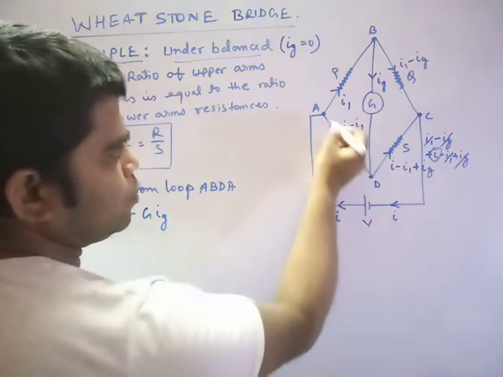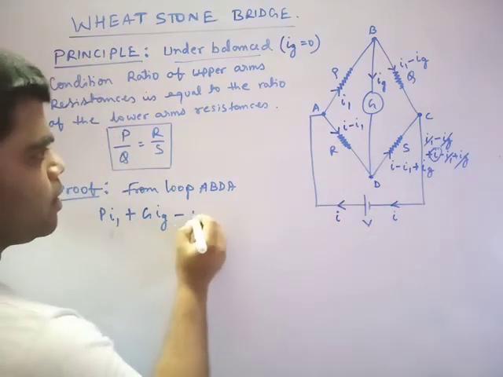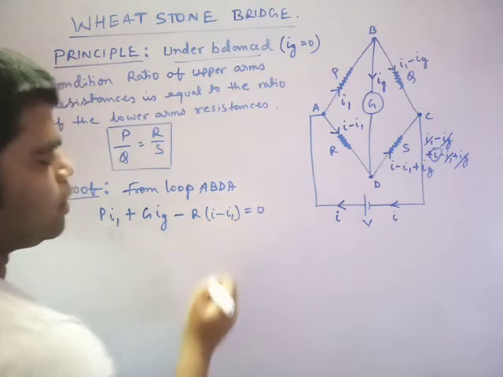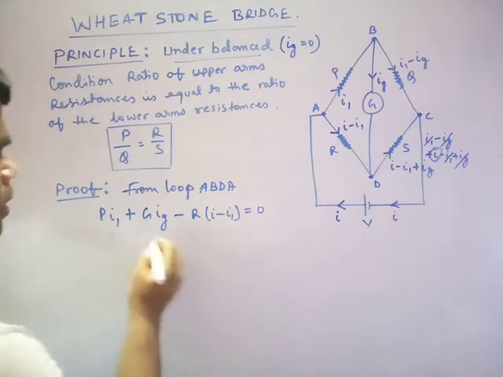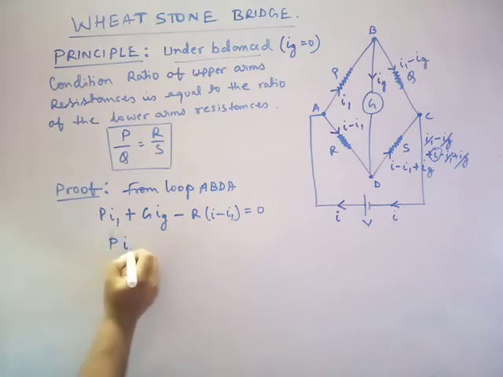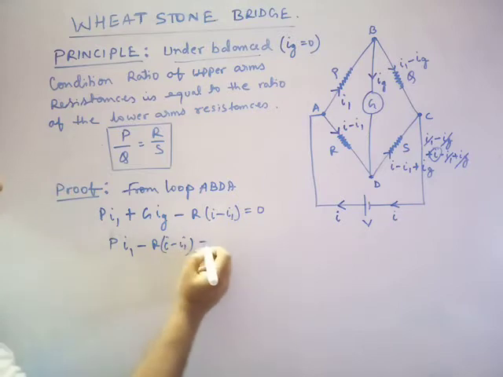Then from D to A, the loop is moving but the current is opposite, so I will write minus R into I minus I1, and the total is 0. Since we know Ig is 0, in the next step I will write P of I1 minus R of I minus I1 is equal to 0.